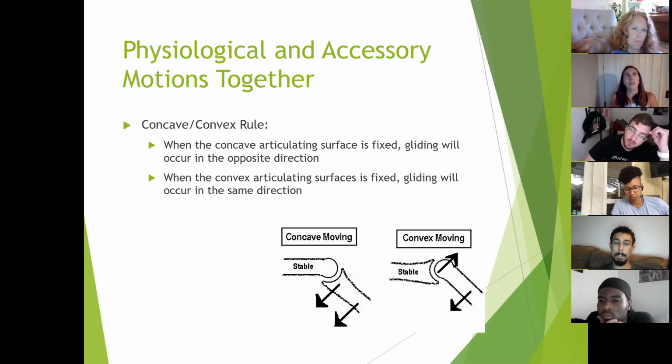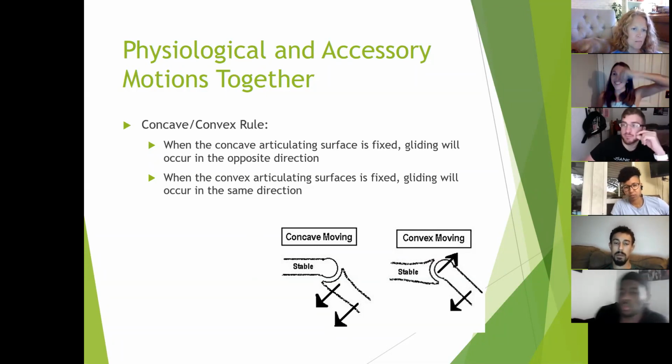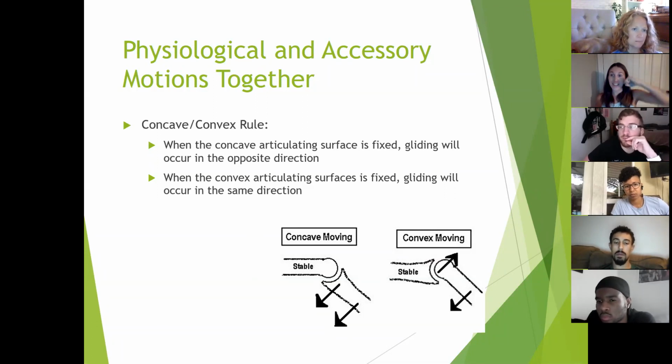Whereas, I'm trying to think, just had a brain fart. Whereas that convex, if it's stable, it's not moving at all. This guy is moving, so our concave is moving around. Whenever we have this movement, everything's going in the same direction. Do you see how my arm goes out? It abducts as this is stable. And so what's happening right here at my hand is going in the same direction as my arm.